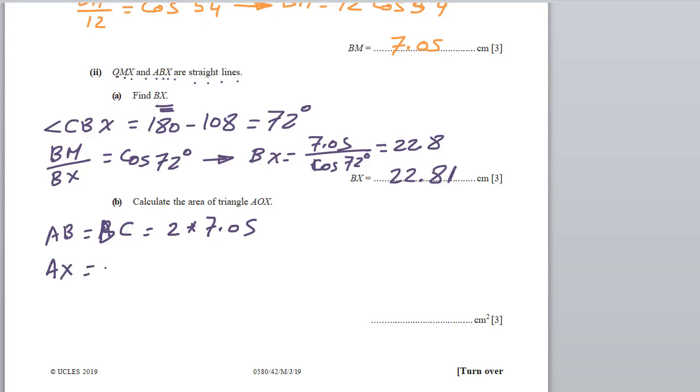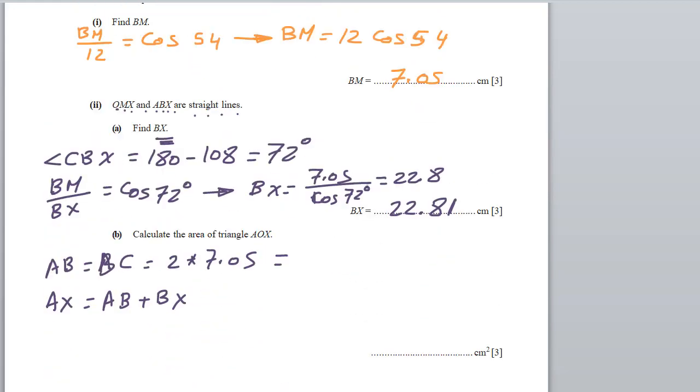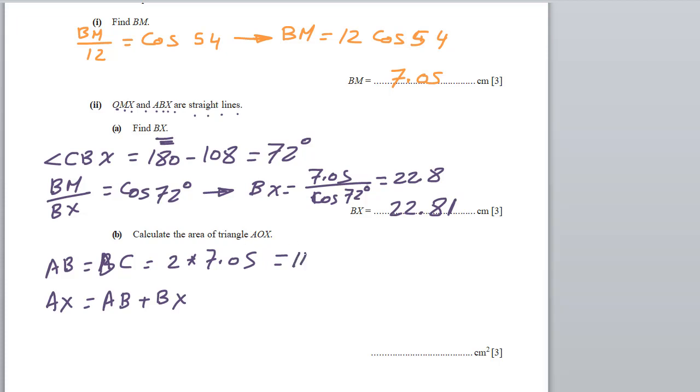And the AX is equal to AB plus BX. So let us multiply 2 multiplied by 7.05 is equal to 14.1.